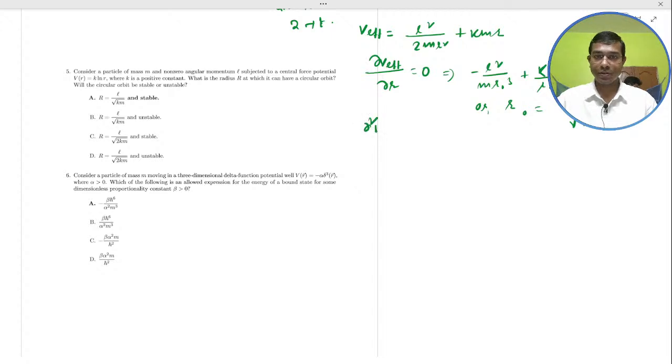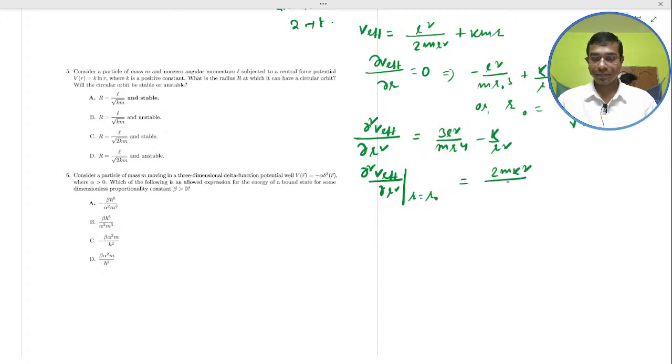Now the second derivative, del square V effective divided by del r square, is equal to 3 L square by m r to the power 4 minus k by r square. At r equal to r naught, that would become 2 m k square divided by L square, which is greater than 0.